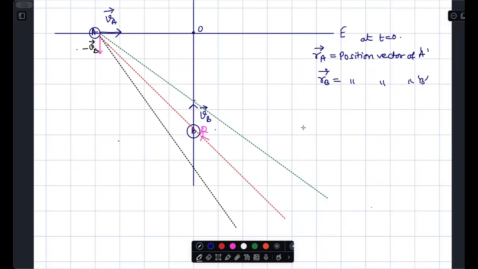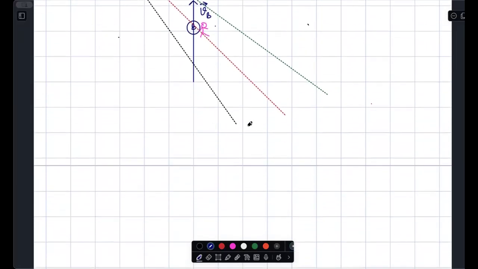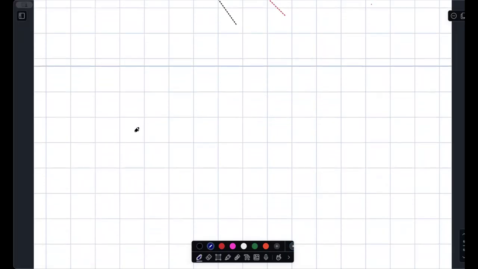See, in this case, I have shown three different lines. In one case, A may pass through B. When is this possible? Simple. In all the cases, you are talking about this particular component called the relative velocity of A with respect to B. Now I'll take up a geometry like this.